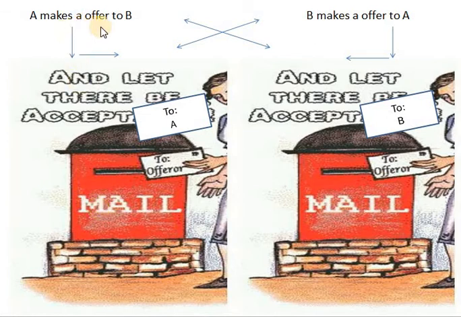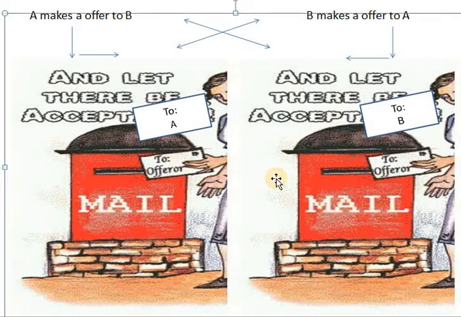A makes an offer to B, and simultaneously B makes the same offer to A. Both persons are offering the same thing, and that is what we call a cross offer. So he is making the offer and he is also making the offer for the same.